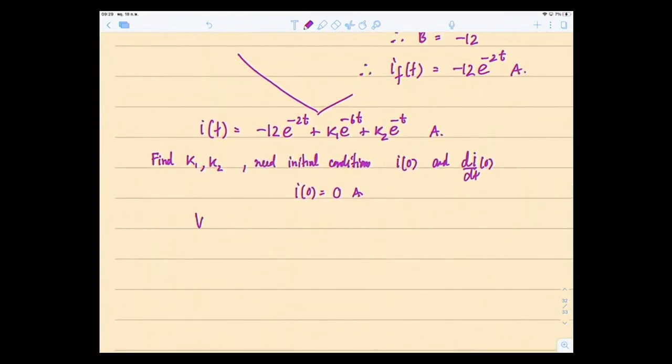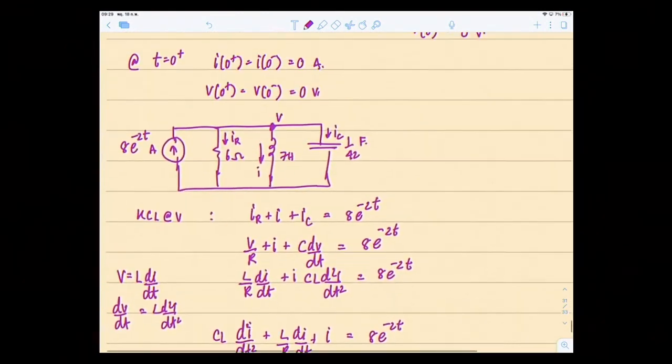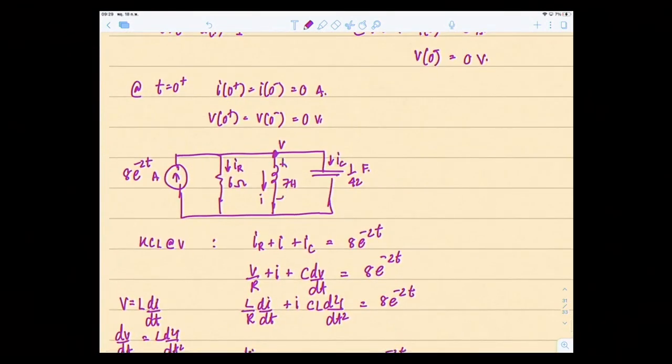So v across L at 0 is equal to L di/dt at 0. Well, it happens that this v, the voltage drop across this inductor, is also the voltage across the capacitor in the problem. See that right here, this v is the same thing as v across the capacitor.